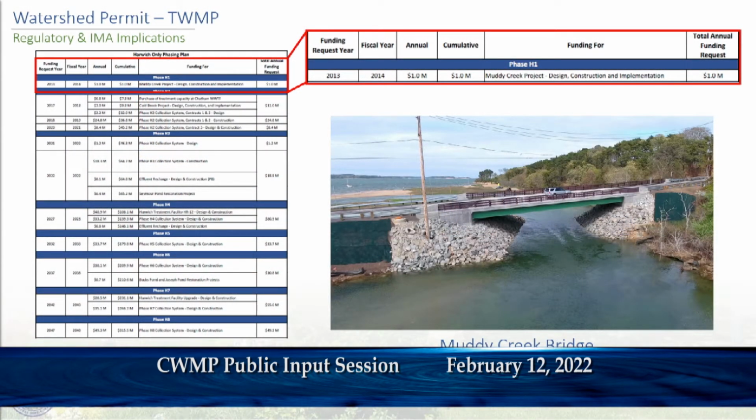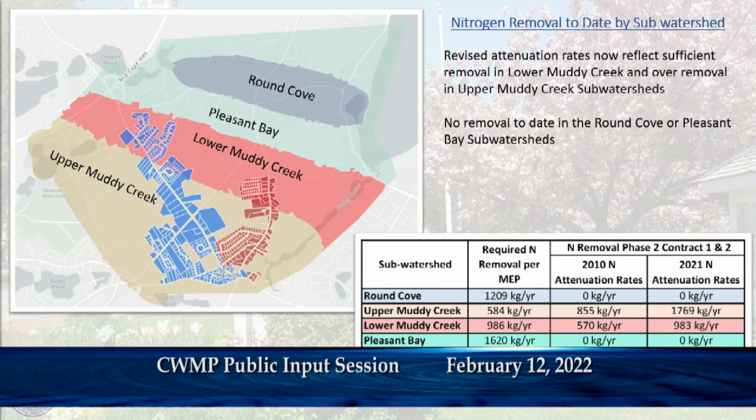which was the widening of the Muddy Creek Bridge between the towns of Harwich and Chatham. Next, we have a representation of Phase 2, Contract 1 and Contract 2. Contract 1 is highlighted in the blue parcels, Contract 2 in the red parcels.